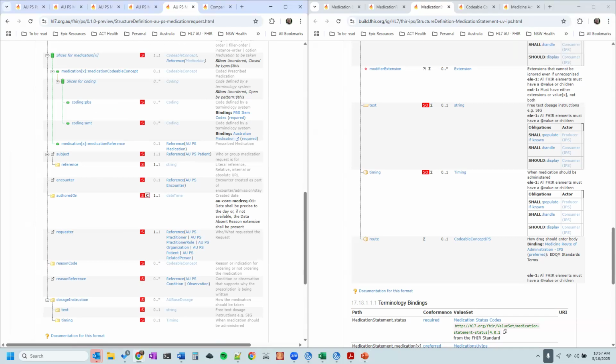Yeah, I think it would be to apply the standard IPS rules, such as the patient reference and codable concept, to the AU related person element that we inherited from AU Core to make the AUPS related person. I guess that's what I would be proposing.